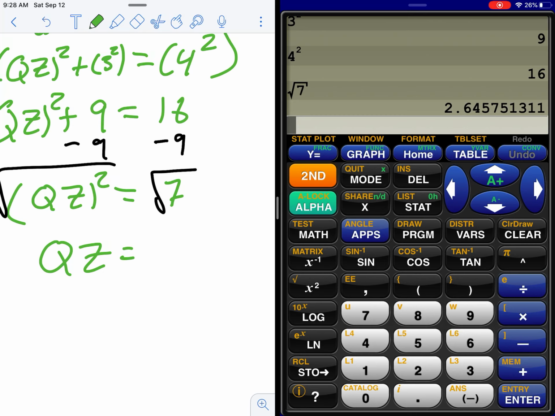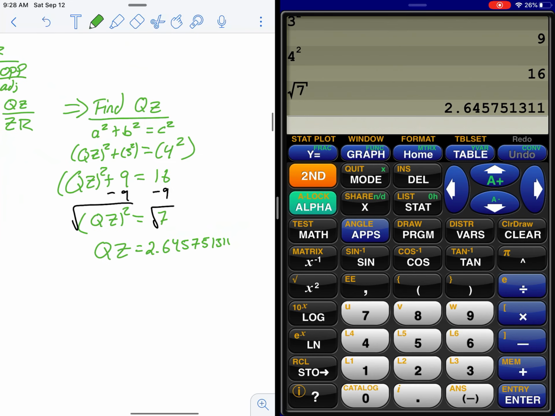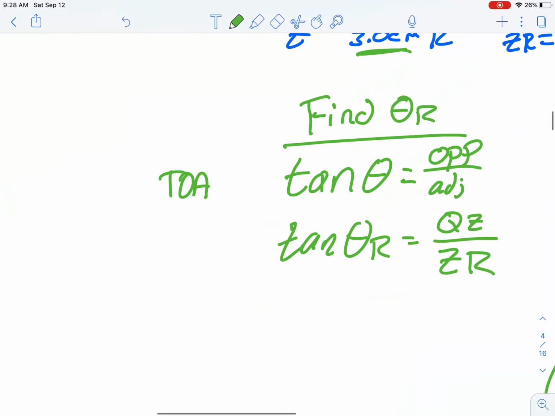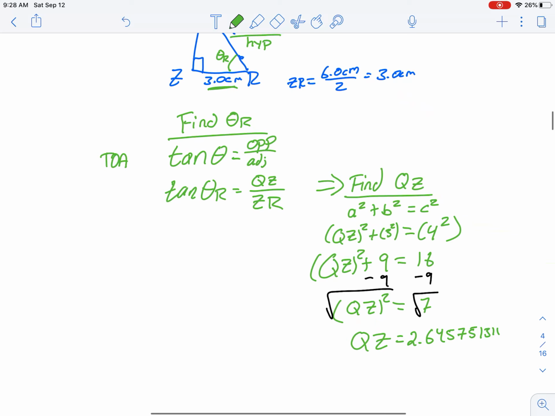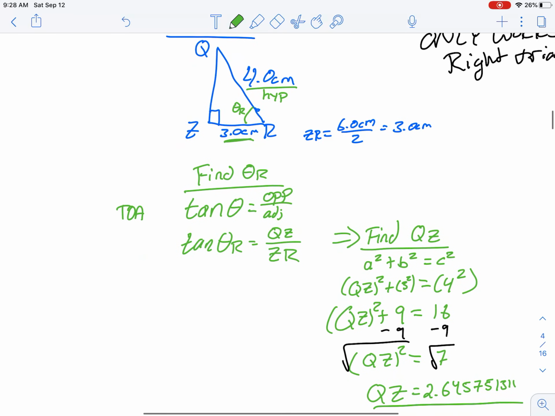I only round once you're dealing with your final solution. So this will be 2.645751311. Okay. Now, let's put that away. We have Q to Z. It's that big, ugly, long number now. So let's write that up here.